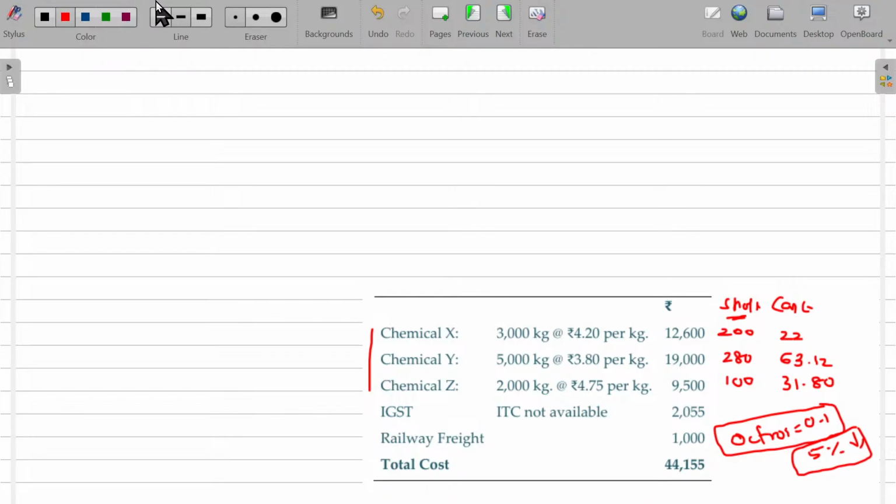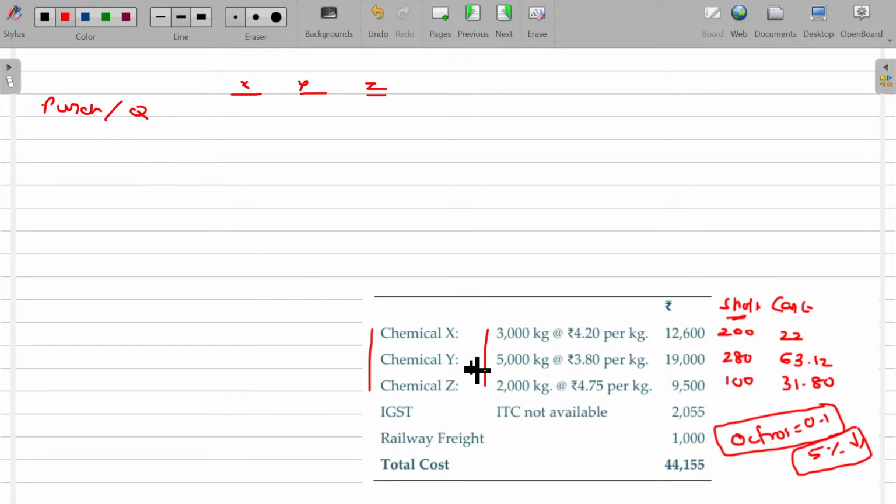Let's start with the price. X, Y, Z. Purchases in quantity.